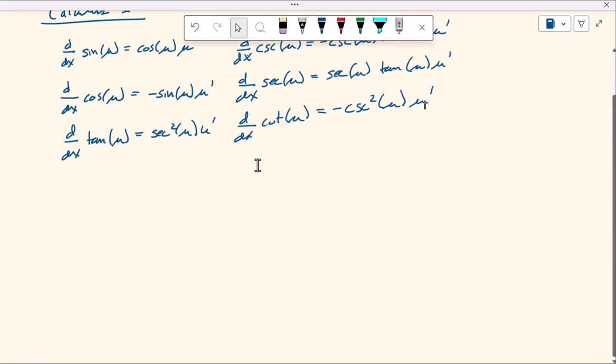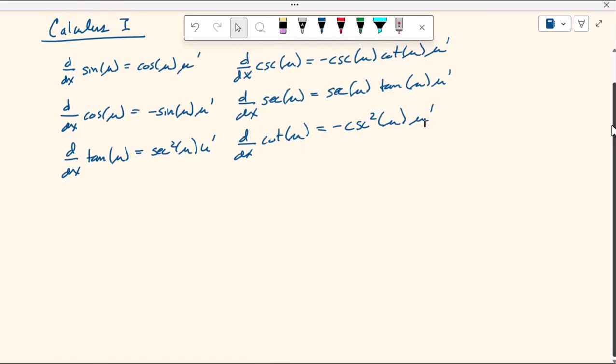And then let's go ahead and look at the antiderivatives as well. Now when we talk about antiderivatives, basically what we're doing is, if we integrate what we got for our derivative, I should get the original function back. So that's what I'm saying when we talk about antiderivatives. So let's write those out.